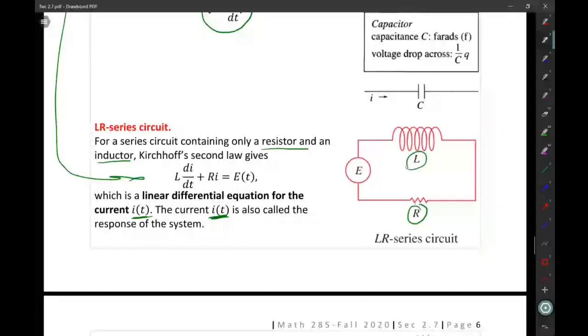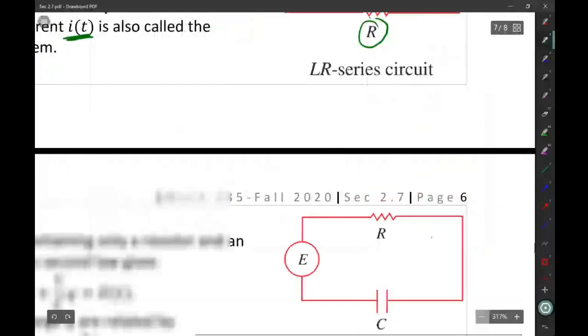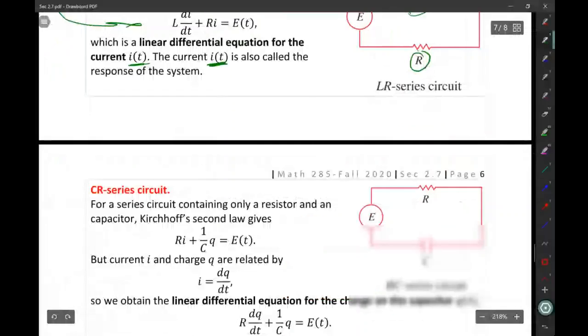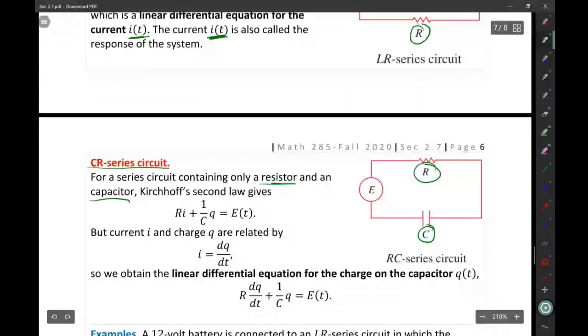Now the CR series circuit contains only a resistor R and a capacitor C. There is no inductor. Kirchhoff's law now implies Ri plus 1 by C times q is equal to E of t.